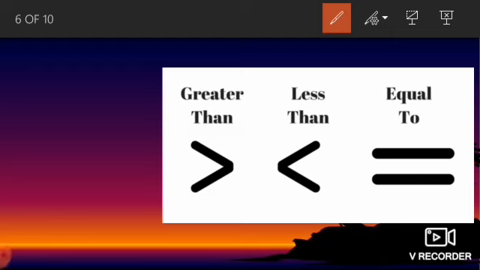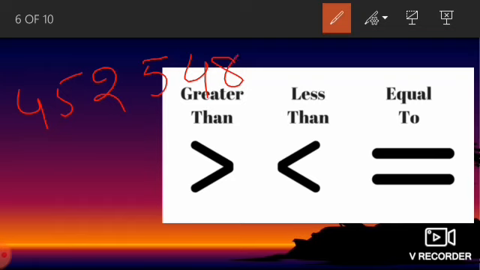For example, 452 and 548. In these two numbers, you can see the number of digits are equal. Now you have to tell me which number is greater.